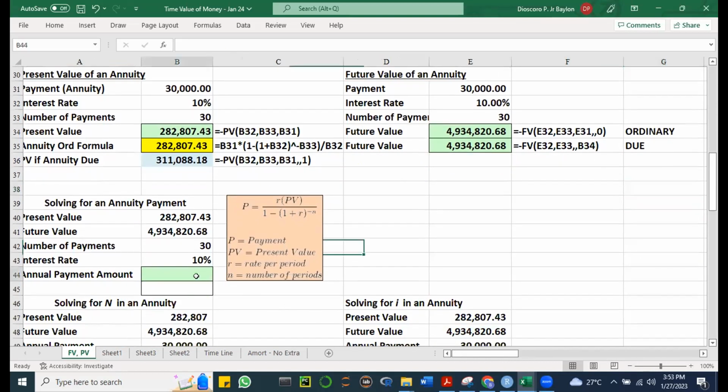So we're now here. Use this mathematical formula to compute for the payment, and use the Excel function to compute for the annuity. Of course, we know the answer is 30,000. I'll give you a few seconds.